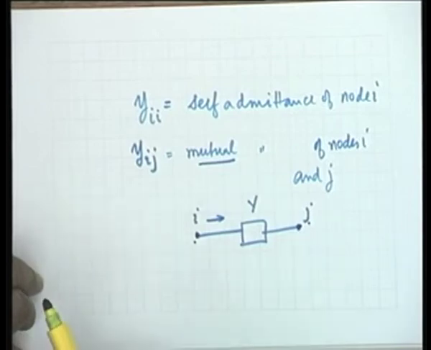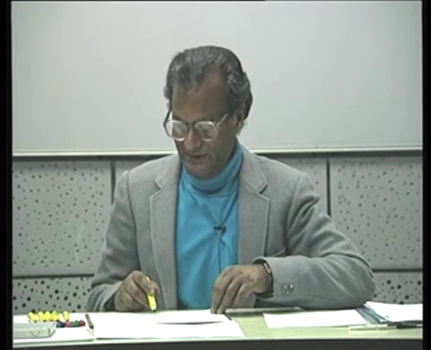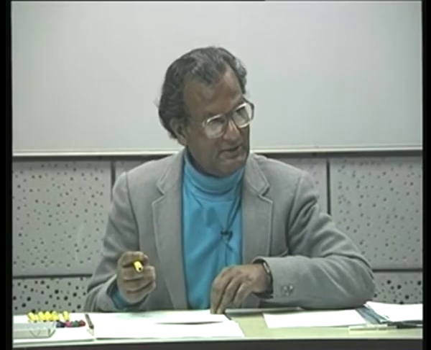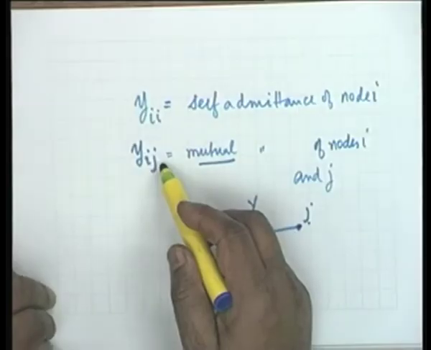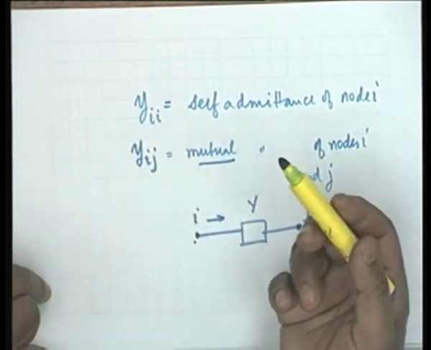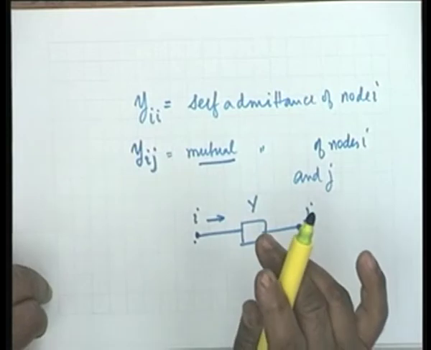One thing that should be clear is that if the element or the combination of elements between nodes I and J are bilateral elements, then obviously Yij shall be the same as Yji. Isn't that right? If it is a diode, it will not be the case.